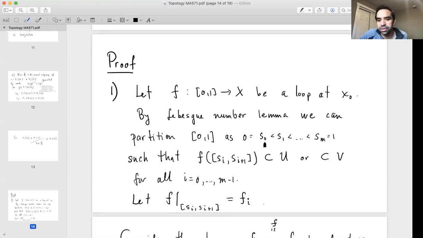Let's call that partition given by numbers s0, s1, all the way up to sm, which is 1. So we can obtain a partition so that f maps the closed interval from si to si plus 1 into U or V.